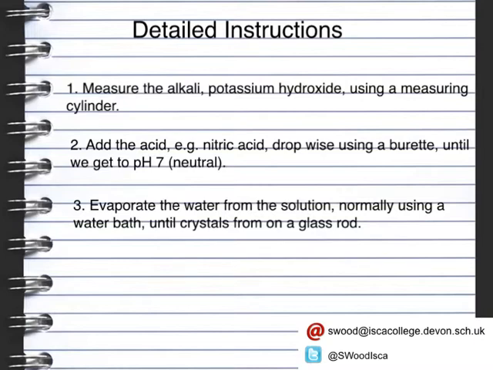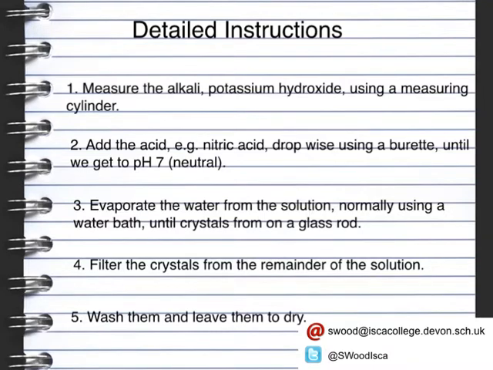Our fourth stage is to filter off the crystals from the remainder of the solution. And then our final stage is to remove the crystals completely, wash them with water, and leave them to dry. This is our final way of making a fertilizer.